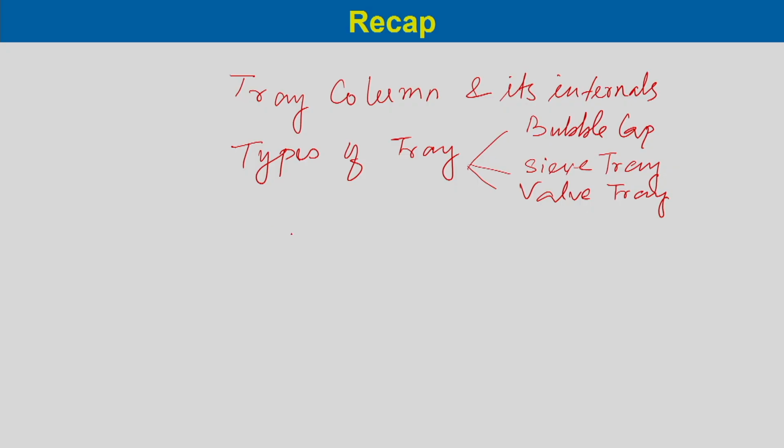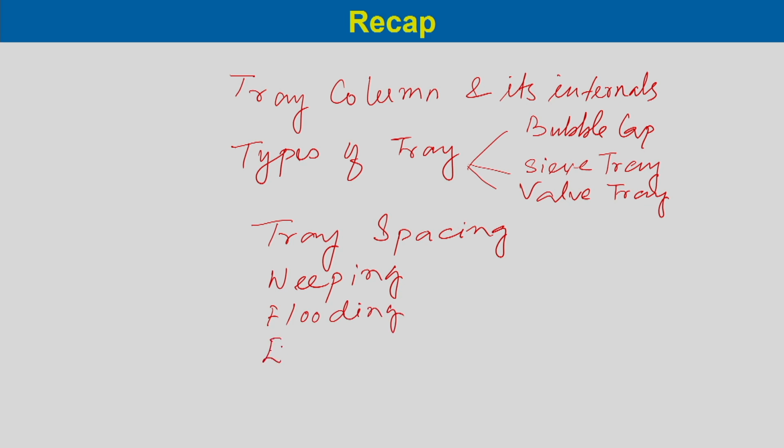So, we have also discussed the tray spacing, weeping, flooding, entrainment. And we have seen how to take care of these parameters.